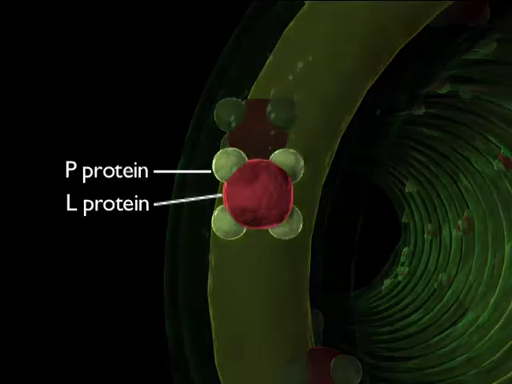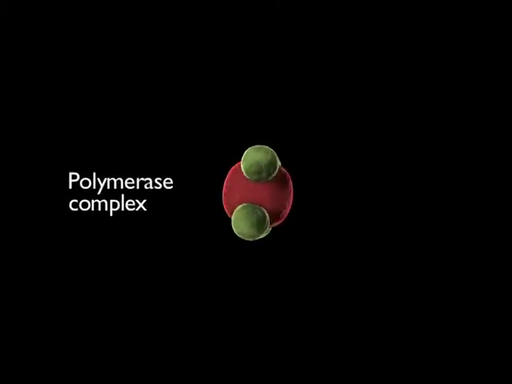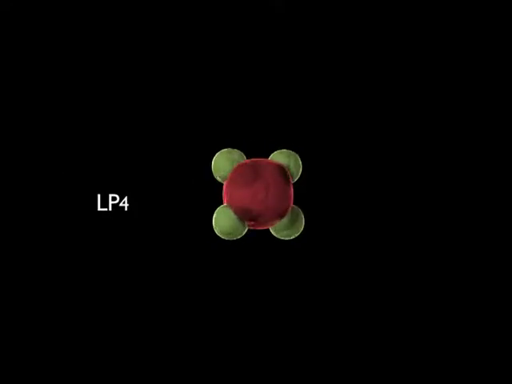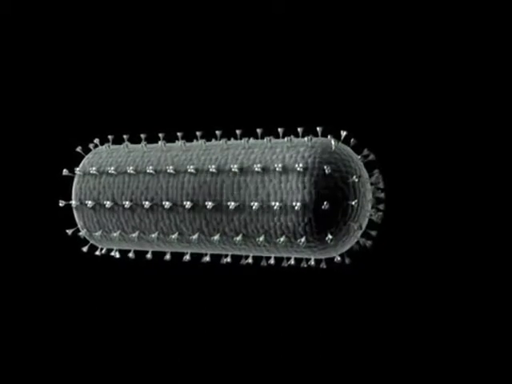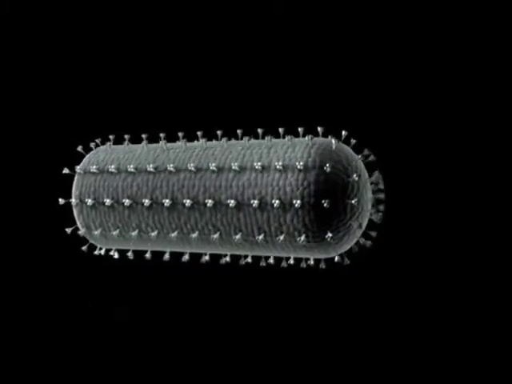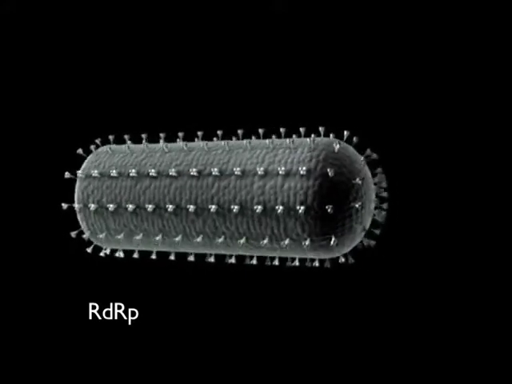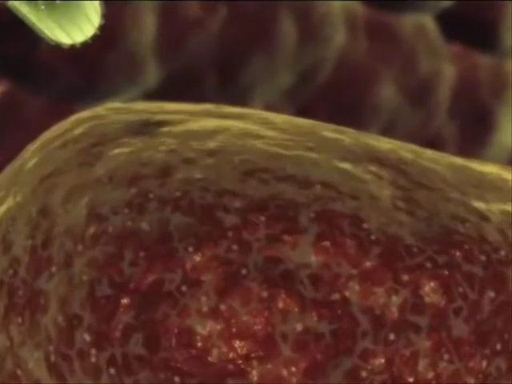The two together will eventually form a complex responsible for all polymerase activity during genome replication. This complex will be referred to as the transcriptase complex, or LP4. It's essential for all negative-stranded RNA viruses to already carry an RNA-dependent RNA polymerase packed in the virion. It's their strategy to ensure that the negative polarity RNA will become infectious.